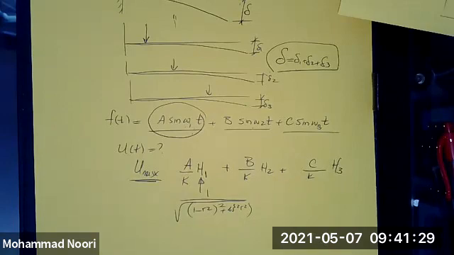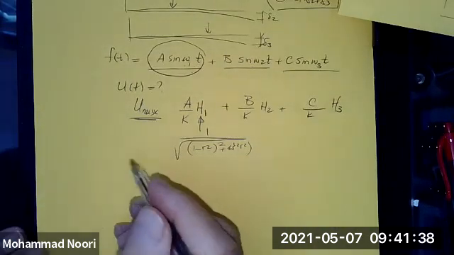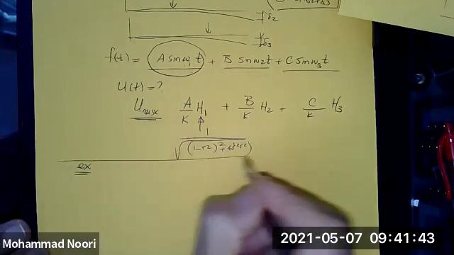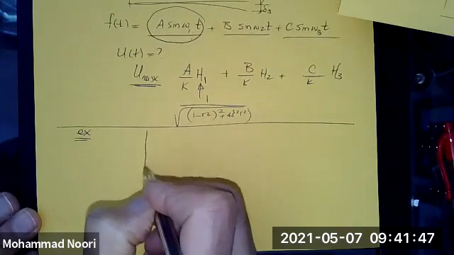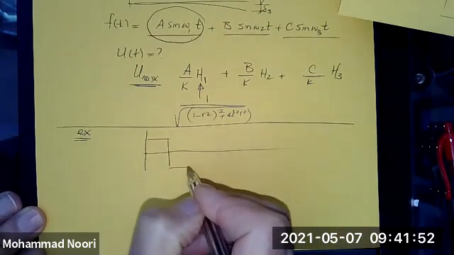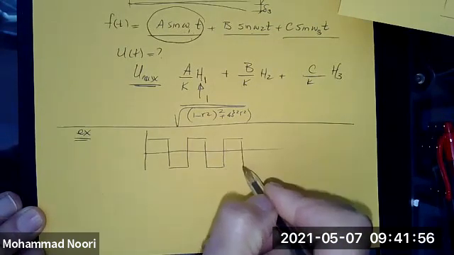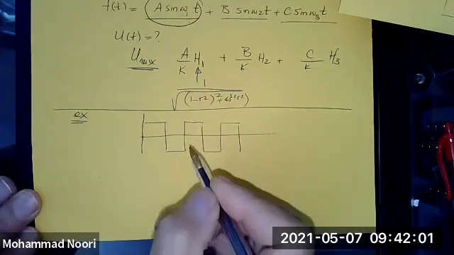But before that, let me just refresh your memory as far as how you do this Fourier series expansion. So I'm just going to demonstrate that through a simple example problem. Let's say you have a function that looks like this, and you want to replace that with its approximate value, which is the Fourier series expansion of this function.